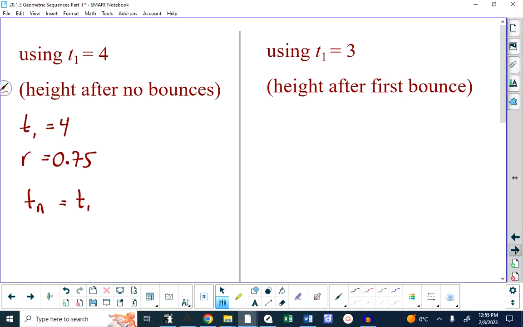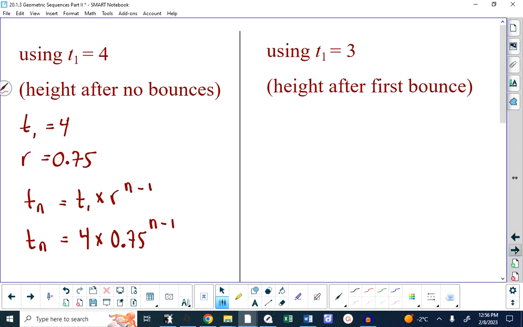Just like question 5, we build a formula using the parameters. If we use T1 equals 4, which is the height after no bounces, our formula is Tn equals 4 times 0.75 raised to the n minus 1. And we'll come back to that.